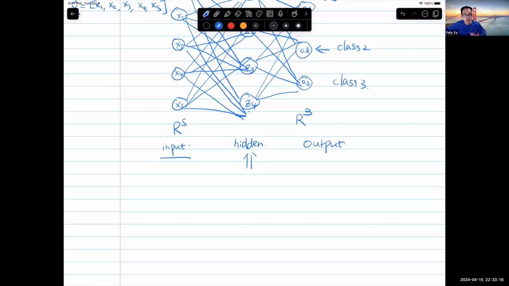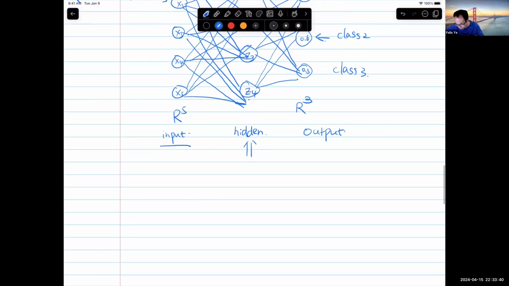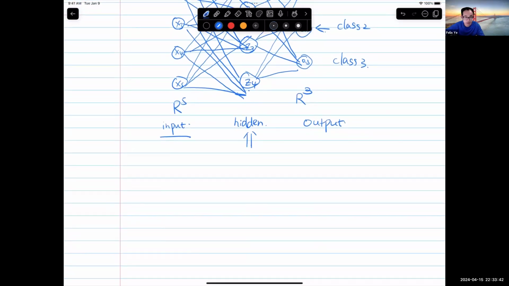The middle one is the hidden neural layer. It processes input from the previous layer and outputs the results to the next layer. Here we have 4 hidden neurons. Here I'm going to apply a linear transformation, then something called an activation function.